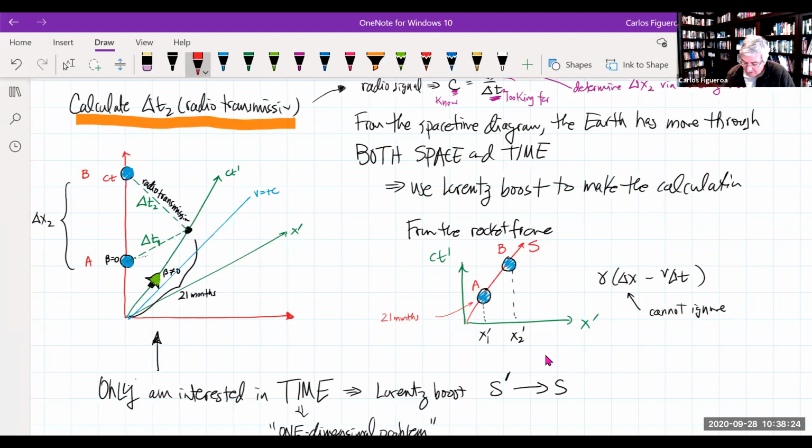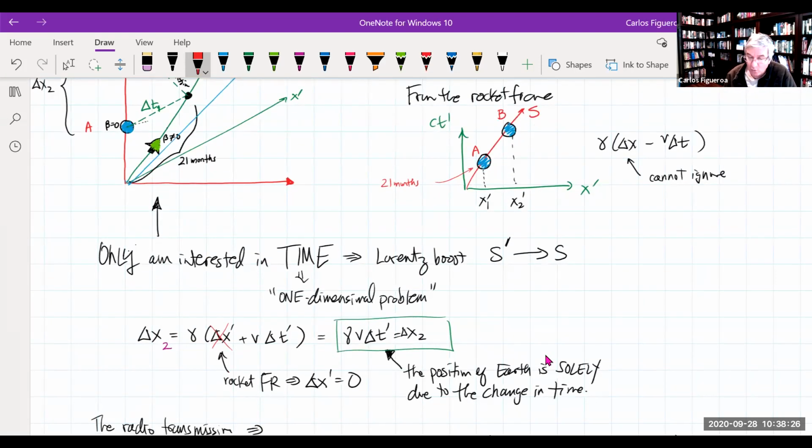And that's what this delta X represents here. If I had a sitting duck in the Earth, then I don't have to worry about it. But the Earth is not a sitting duck. Right. It continues to move.